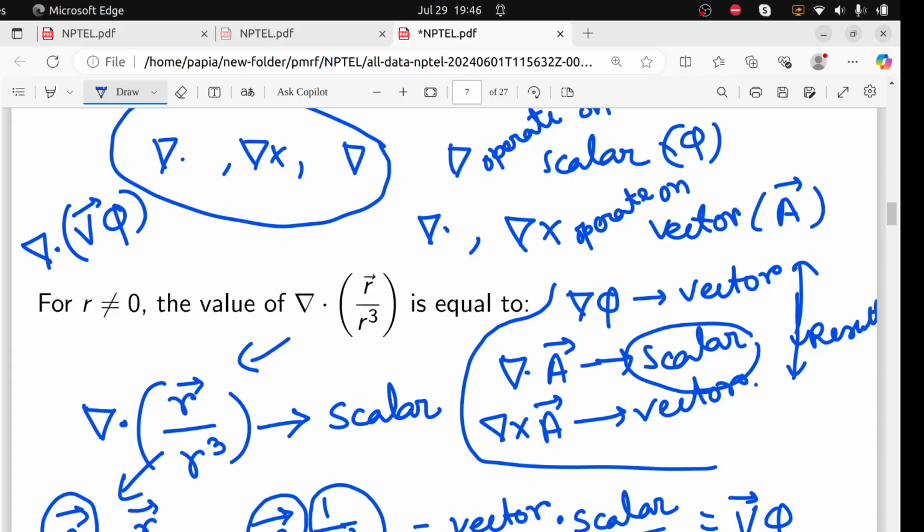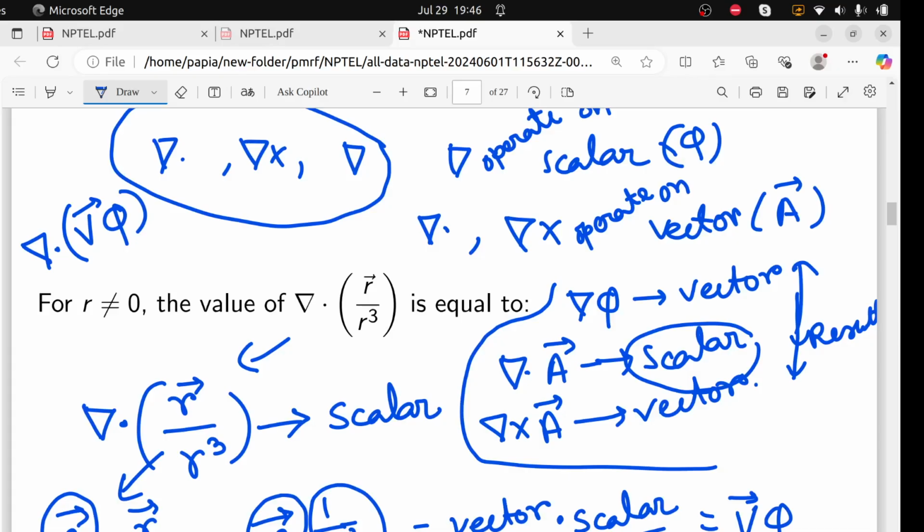Because v vector and phi combined behave as a vector, and we know that divergence operates only on a vector. But right now, divergence is not applied to a single vector; it is applied to a multiplication of a vector and a scalar.